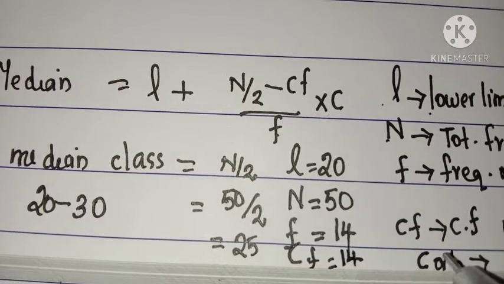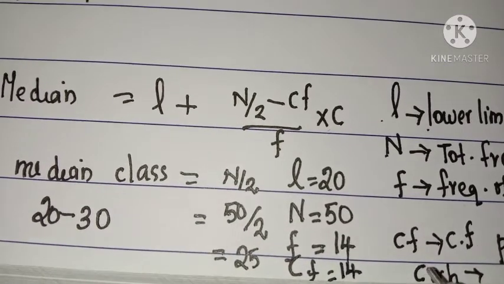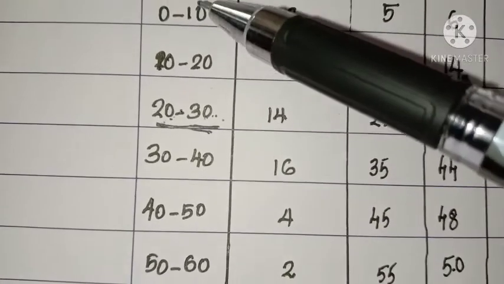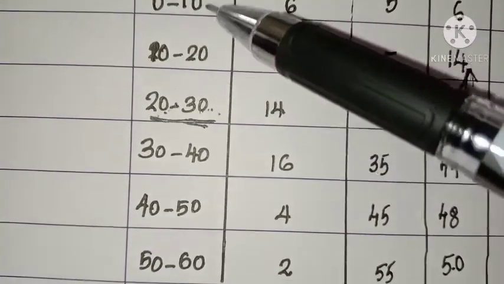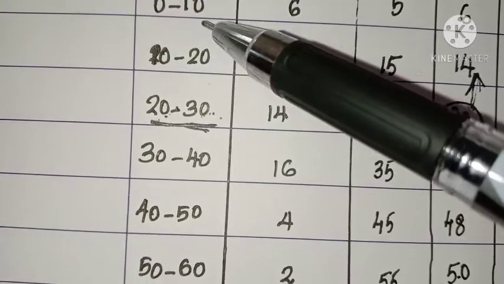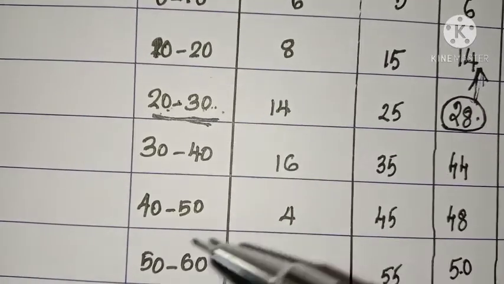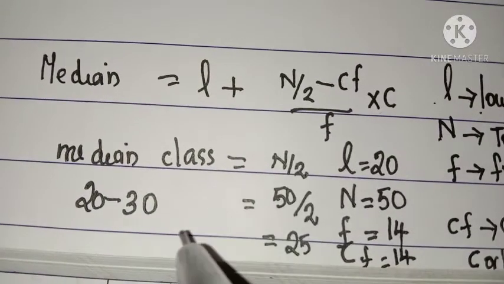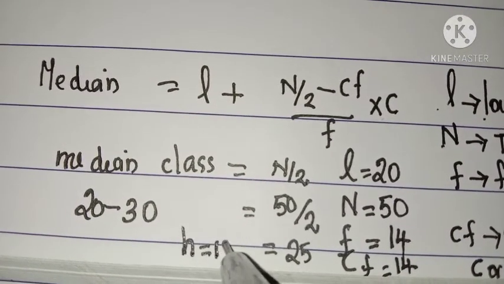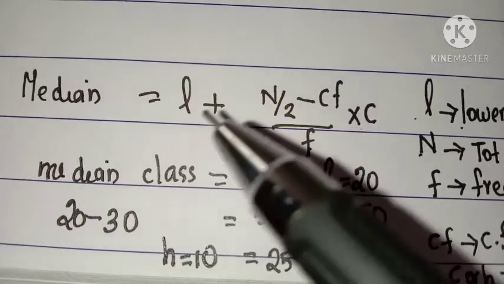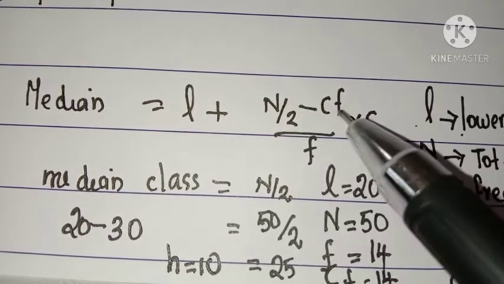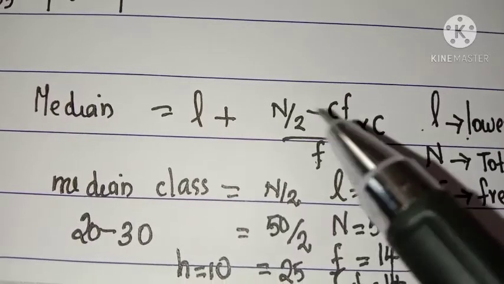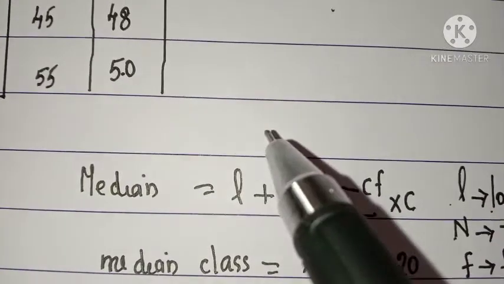Finally, C or h. C means class width. Class width or class size means the difference between the lower and upper limits. Lower limit and upper limit have a difference of 10. So consider h, or C, equal to 10. So we have L, N, CF, f and C. Substitute all these values in this expression and simplify.